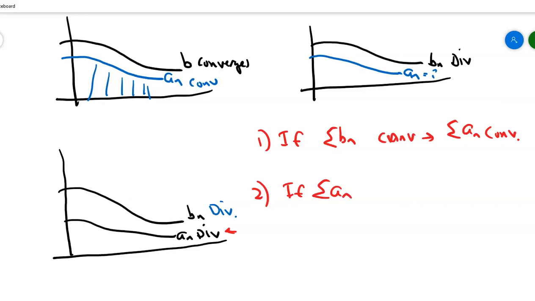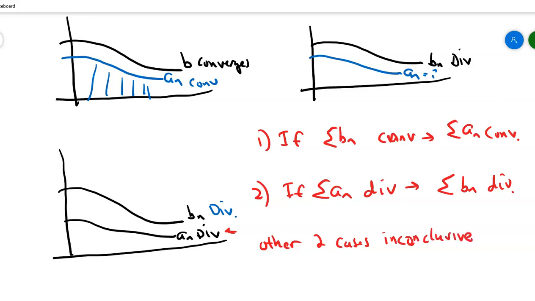If the smaller one diverges, then the larger one diverges also. And the other two cases are inconclusive. Not to worry, there's another test coming for those. So if the bigger one converges, the smaller one converges; if the smaller one diverges, the bigger one diverges; the two cases in between, we can't tell. We're going to need a different test for those.